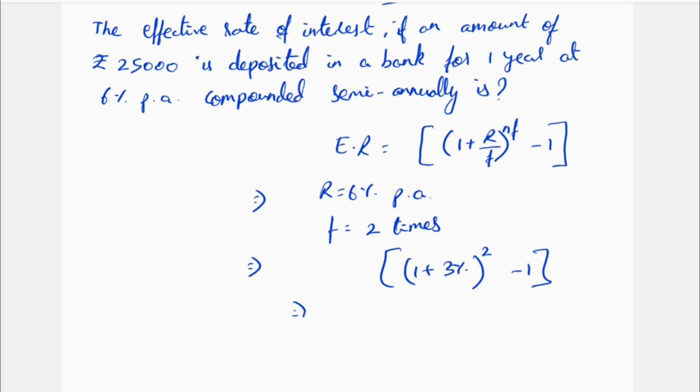So this gives me 1.0609 minus 1. That gives me 0.0609, which is nothing but 6.09 divided by 100, or 6.09%. So the effective rate of interest is 6.09%. This is the answer.